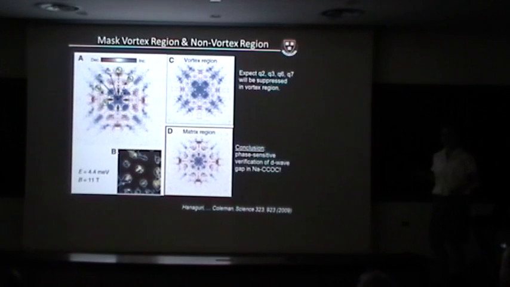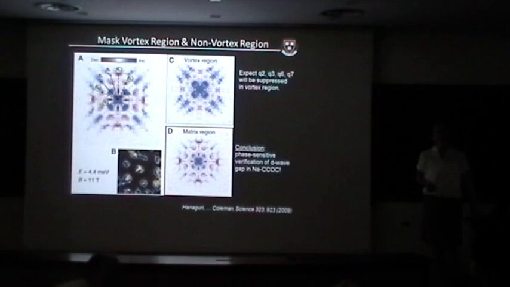So 7 different independent confirmations. Furthermore, Hanaguri masked out the vortex region and what he calls the matrix region, where there aren't additional magnetic scatterers, and found very different QPI patterns from these 2 regions, again confirming that it was the vortices themselves that were enhancing the magnetic scattering. So this is all a proof of the technique.